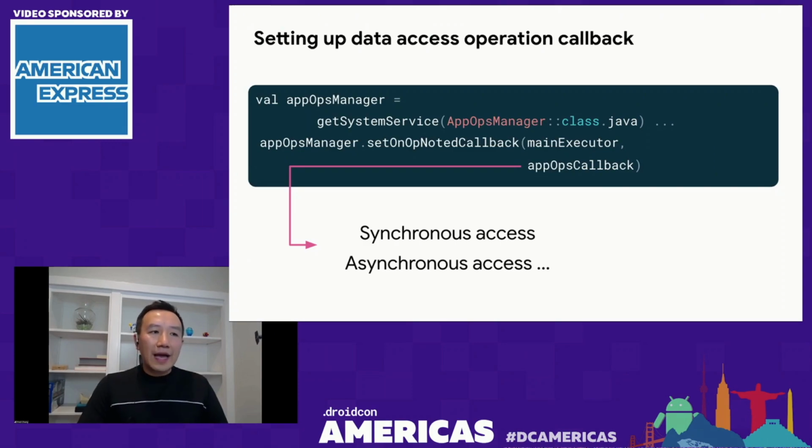Apart from synchronous access, this can also be used to track asynchronous access. For example, if you're using a few location providers in Google Play services, this can also be used to track any access to location data. Check out the API reference for more detail.